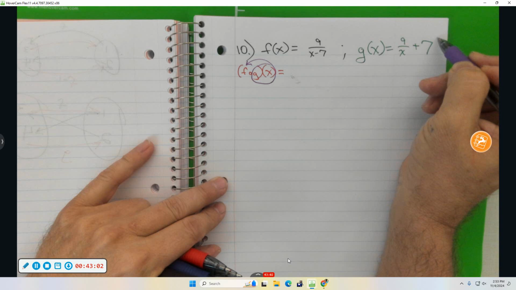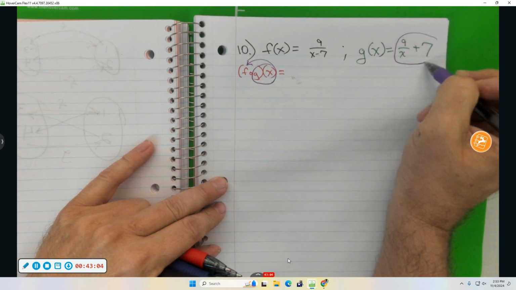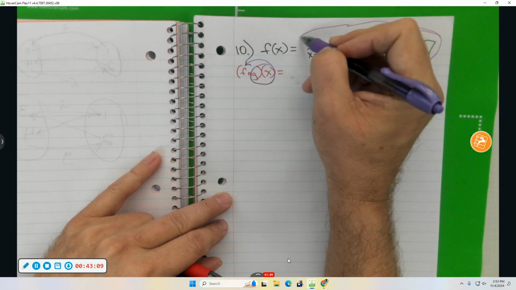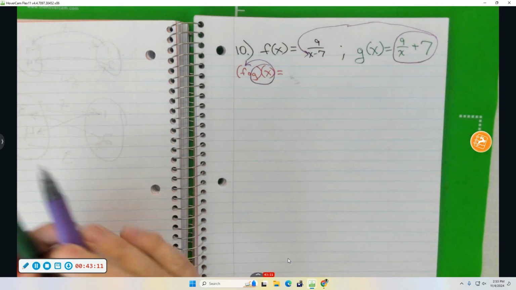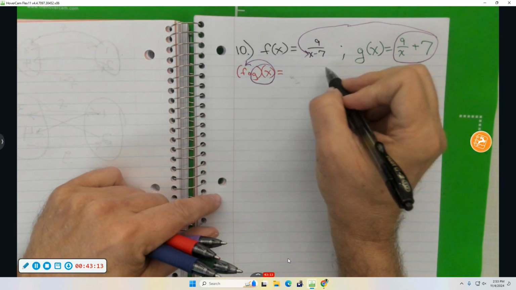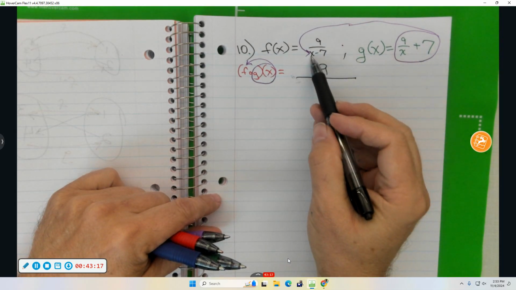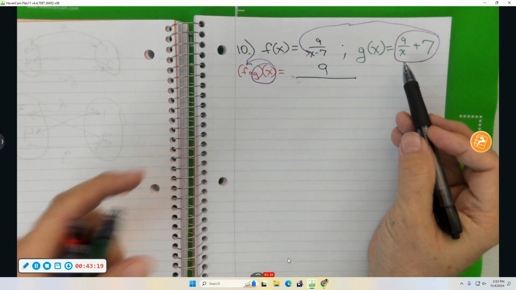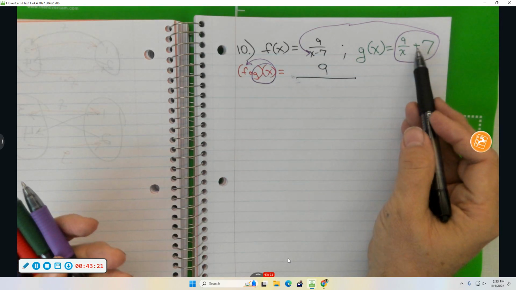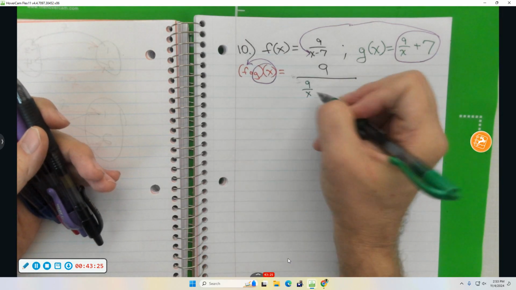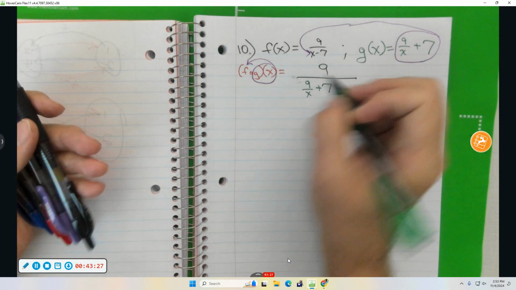We're going to take g of x and plug it in over here where there's an x. So we have a 9 over, in place of that x, we have that green stuff, 9 over x plus 7.